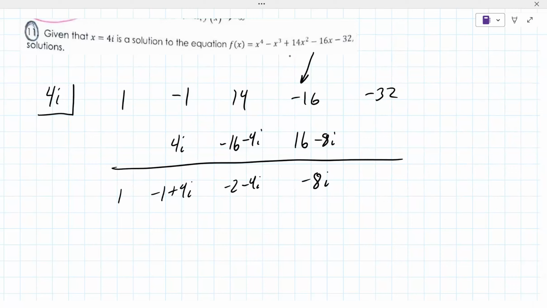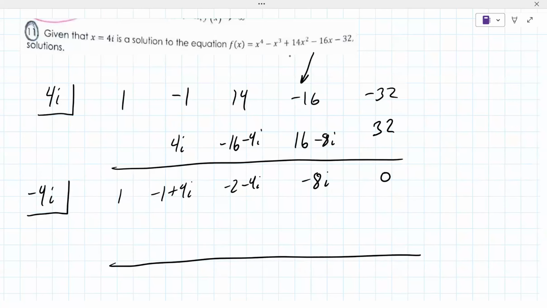Oh man. I might go and argue for some points on that, but why don't you convince yourself that negative 4i works here, the next line? You should get 0 at the end.